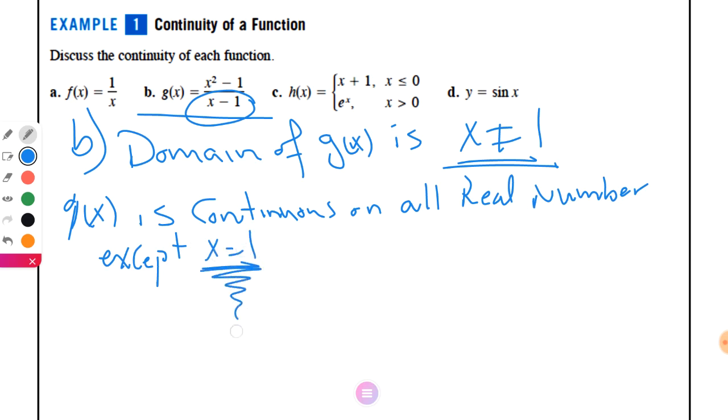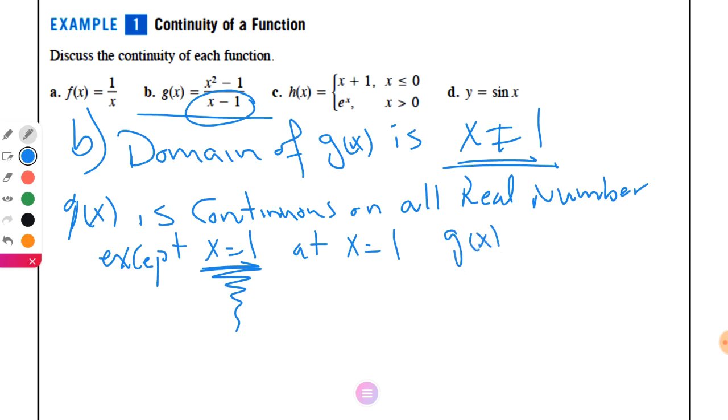Because the function is undefined at x equal 1, and any function is continuous on its entire domain. At x equal 1, g of x has a discontinuity.